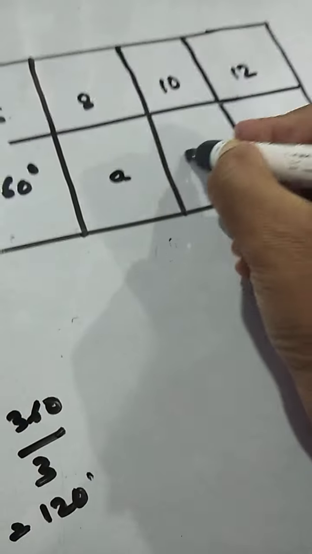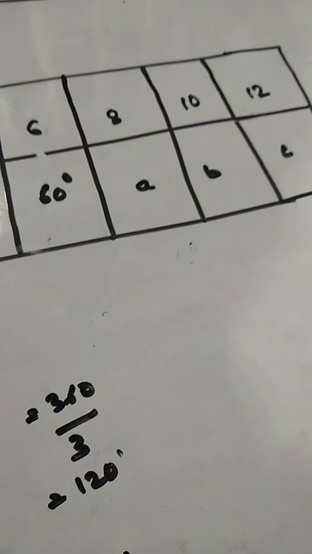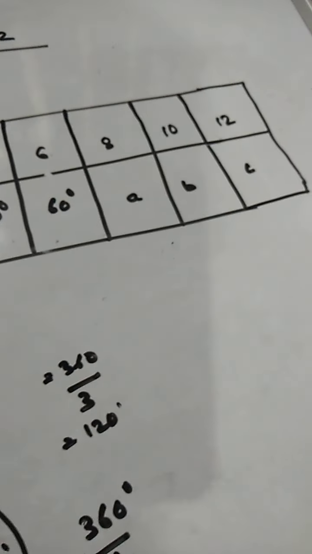Fine. Now we have to get the values of all these empty boxes. As we have already confirmed that this is an inverse proportion, we'll follow the method of inverse proportion. One important thing that we have to do, we have to write inverse proportion out here.